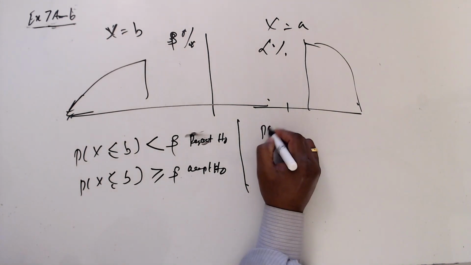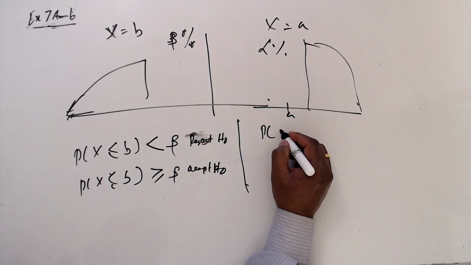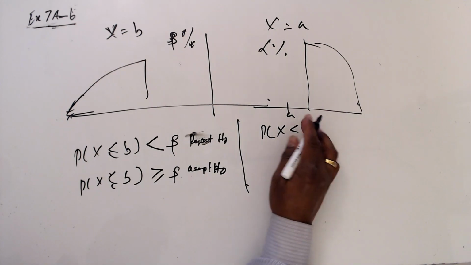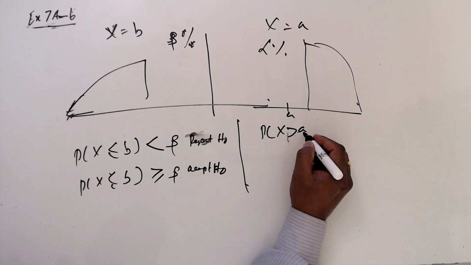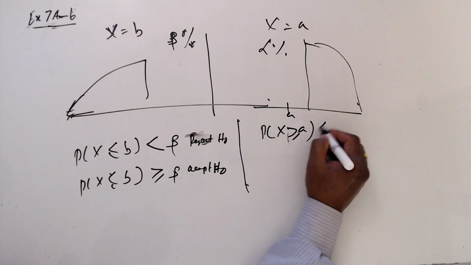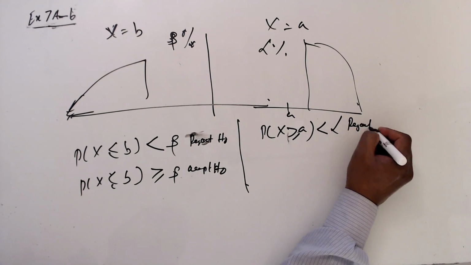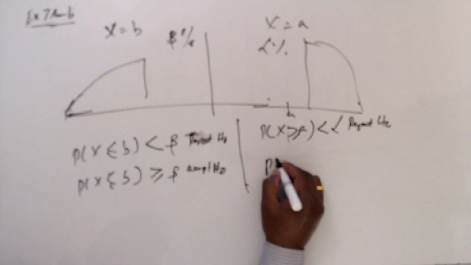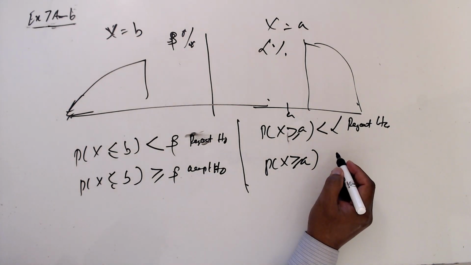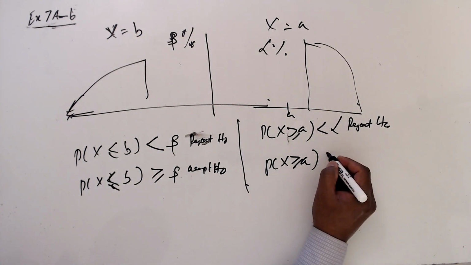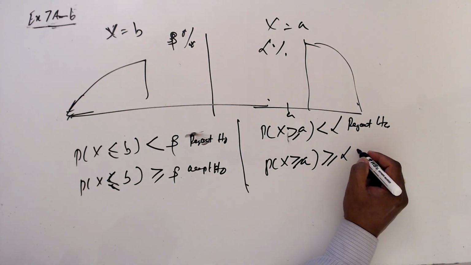For the upper tail, if probability of X greater than or equal to a is less than alpha, reject H naught, and if probability of X greater than or equal to a is greater than or equal to alpha, accept H naught.